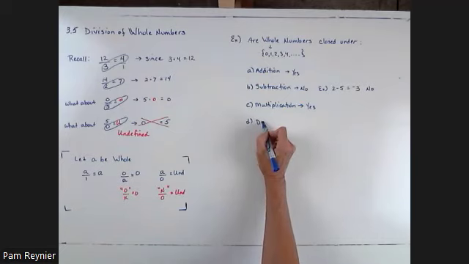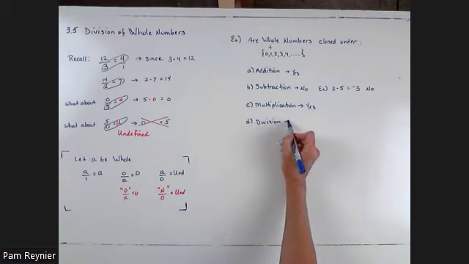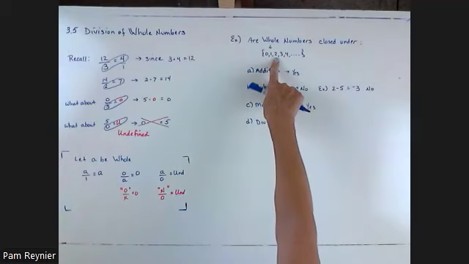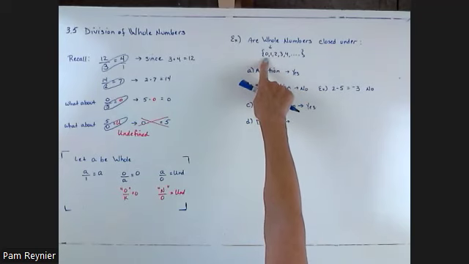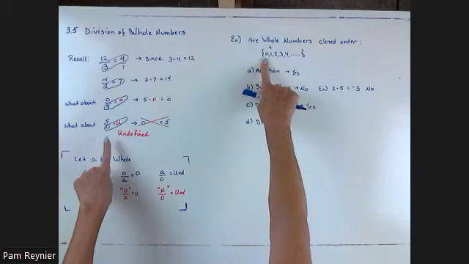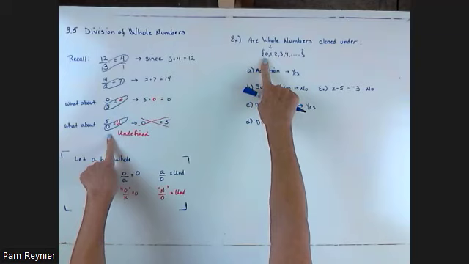And what about division? Division, well, let's see, I have 4 divided by 2, that's 2, it's in the set. Any of the numbers divided by 1 is in the set. What about 2 divided by 0? Well, we can't divide by 0, so that's undefined.